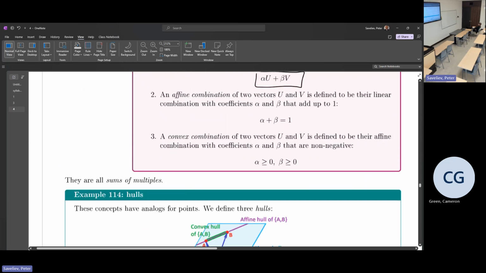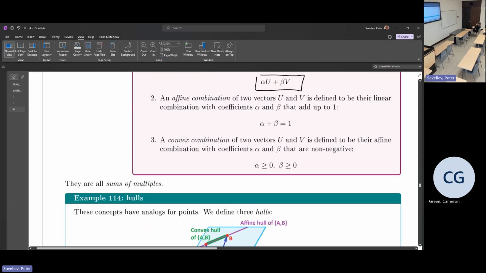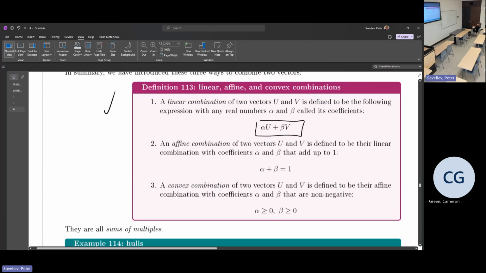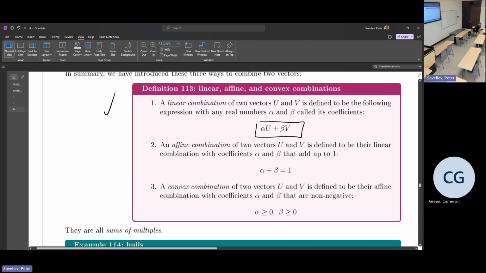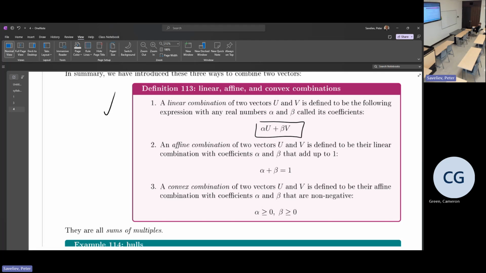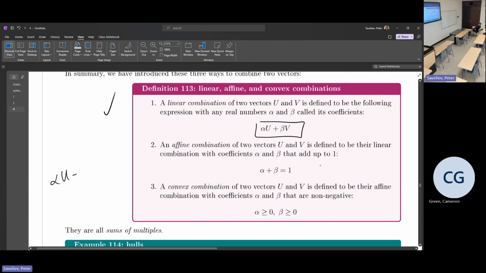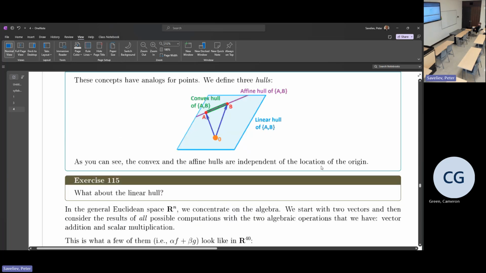Alpha plus beta is equal to 1. It's one degree of freedom taken away. Alpha and beta are two degrees of freedom. If you impose a relation between alpha and beta, then you have only one degree of freedom, so you have fewer dimensions. After all, you can have alpha u plus (1 minus alpha) v. So it's a single degree of freedom, and so it's a line.